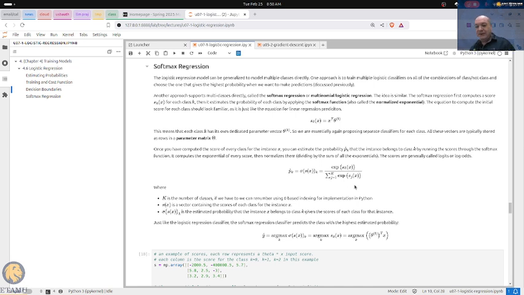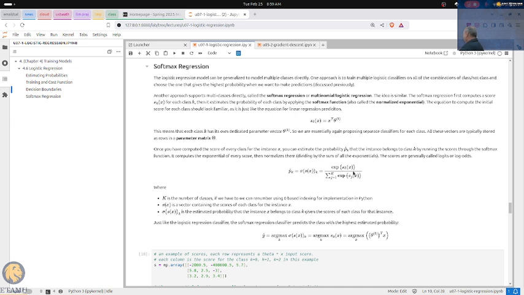Again, I don't want to get too heavy into the notation here. The way I usually think of it is that if we've got three classes, K is the number of classes. If we have three classes, K would be 0, 1, or 2. What this expression ends up doing is giving us three probabilities. I picked 3 because we're still using the iris data set as our example.